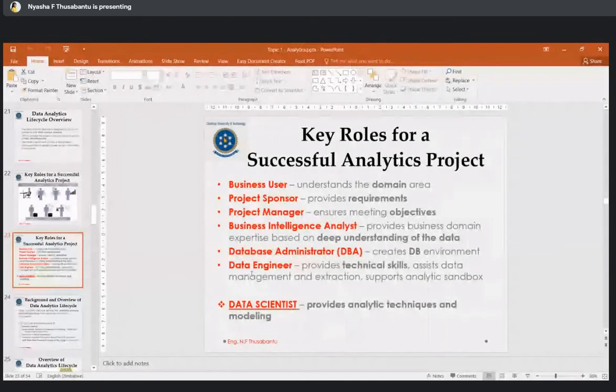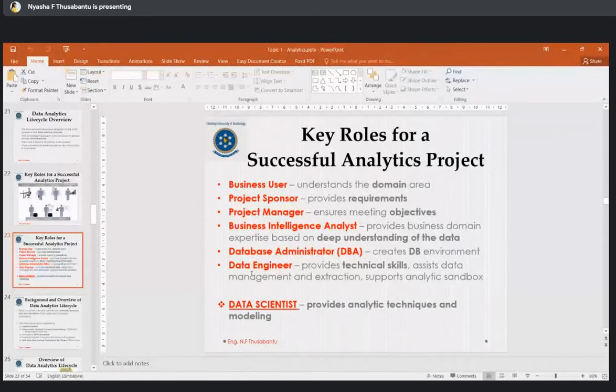What I was explaining was not a part of the slides anyway, but it's okay if you can see this slide. Then the business intelligence analyst. The business intelligence analyst is the domain area expert. So this is the person who has a deep understanding of the data that the organization has.